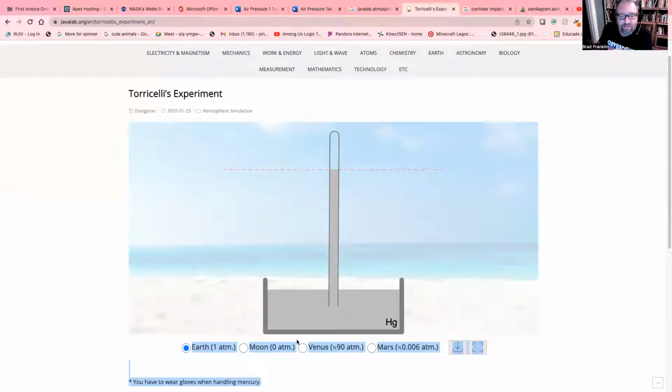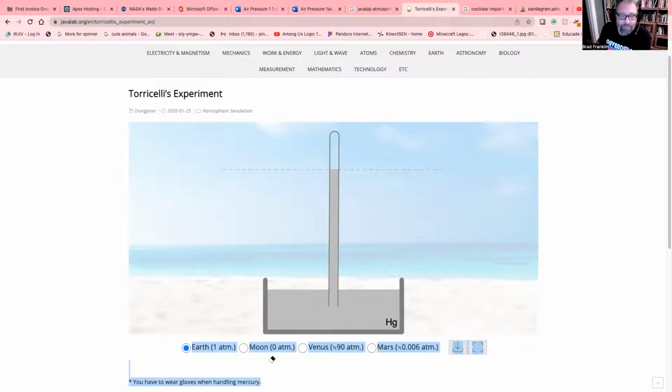So I'll write that down because you'll need to know it a little bit later. 760 millimeters. Remember it though.